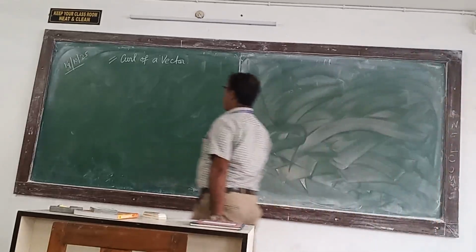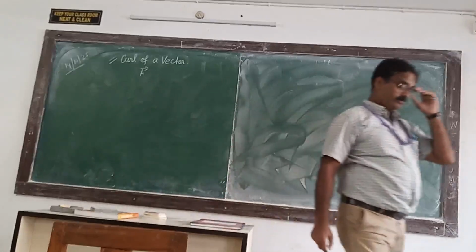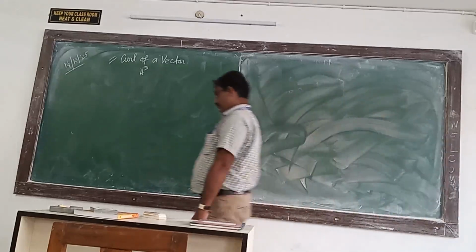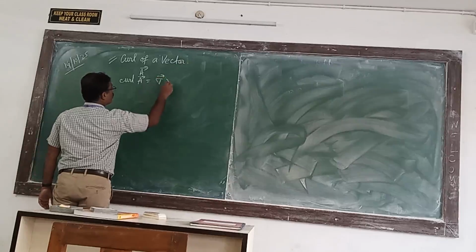If vector A is a differentiable vector function, then the curl of the vector is defined as curl of A, that is the cross product.